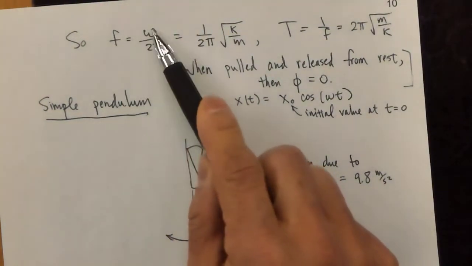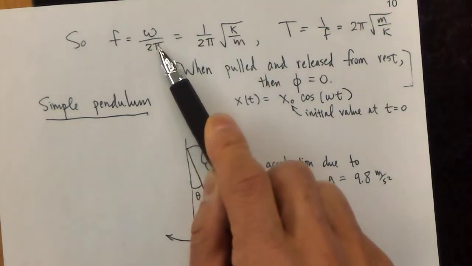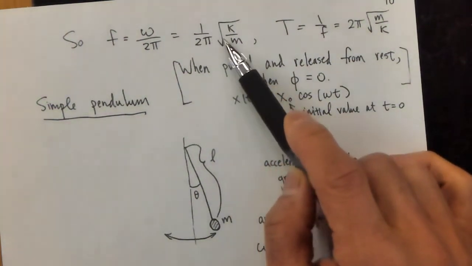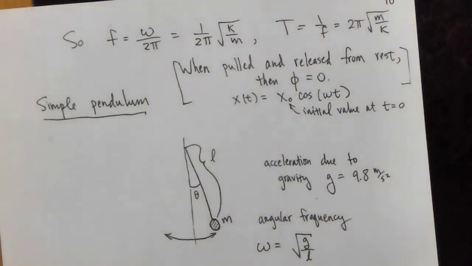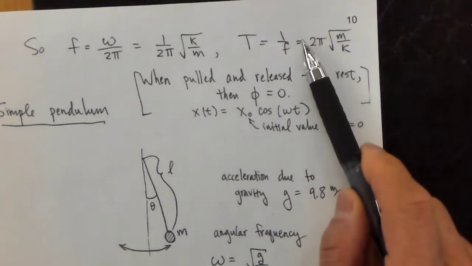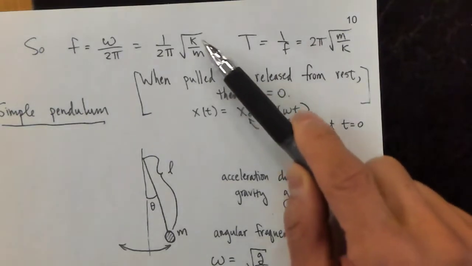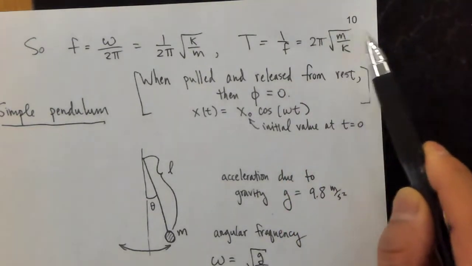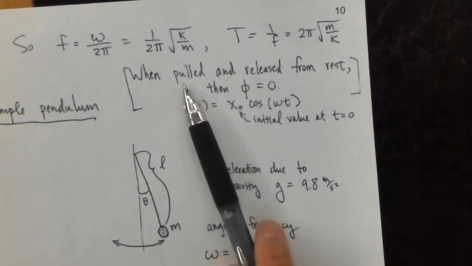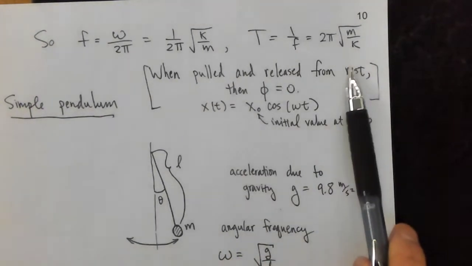The frequency is omega over 2 pi. Okay. And so then it's 1 over 2 pi square root of k over m. And then the period is 1 over the frequency. And so then it's 2 pi, and you flip it around, square root of m over k. Now, the prototype example is when you release the mass from rest.